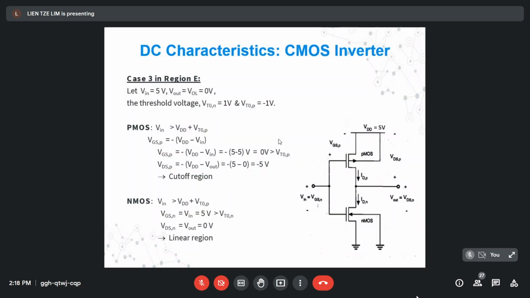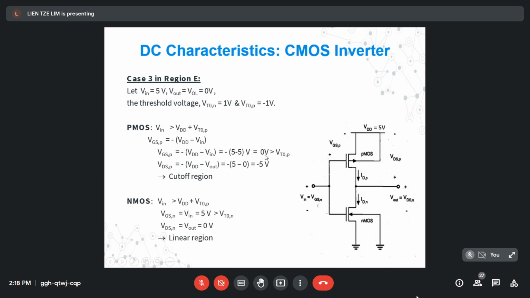Case 3, where the input is increased to 5 volt. This is high input voltage. Vout is reduced to 0 volt. We can expect that the PMOS is in cutoff and the NMOS is in linear region. For the PMOS, when it is in cutoff, the VGS of the PMOS is 0 volt.